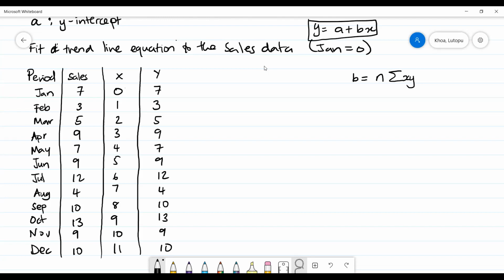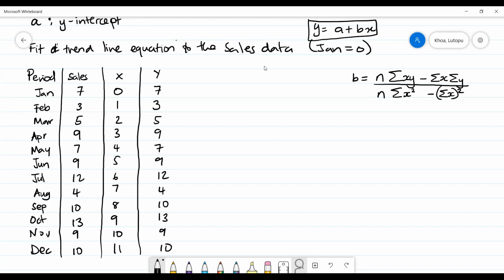So we're going to multiply the X and the Y values and add them together. And then we subtract the sum of the X values times the sum of the Y values. This is all divided by N multiplied by the sum of the squares of the X values minus the sum of the X values squared.